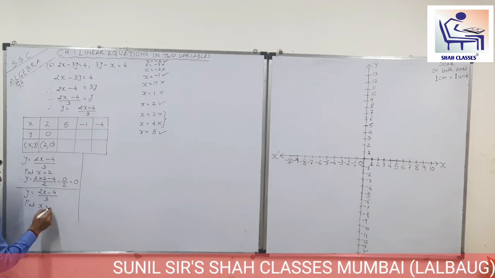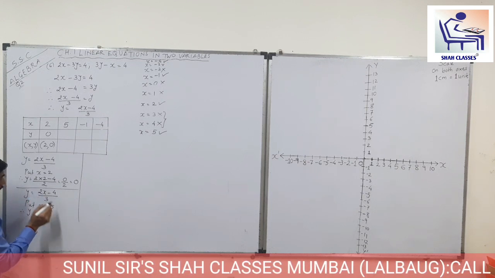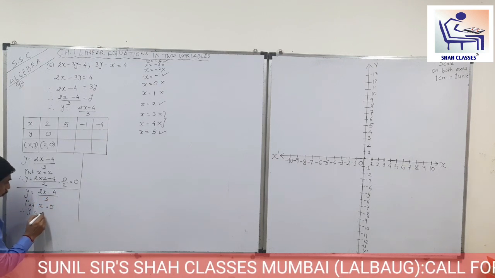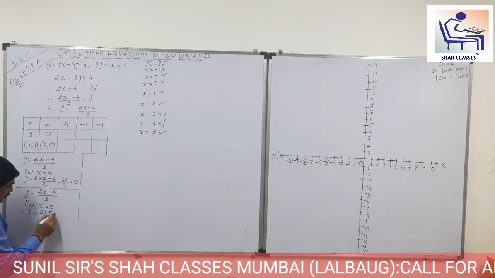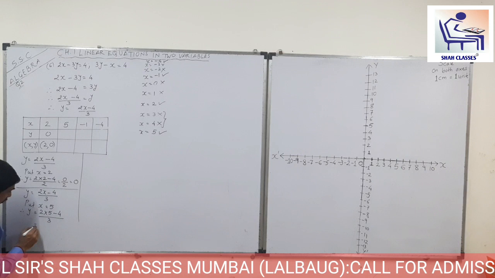Put x is equal to 5. So 2 into 5, 10, 10 minus 4 upon 3.